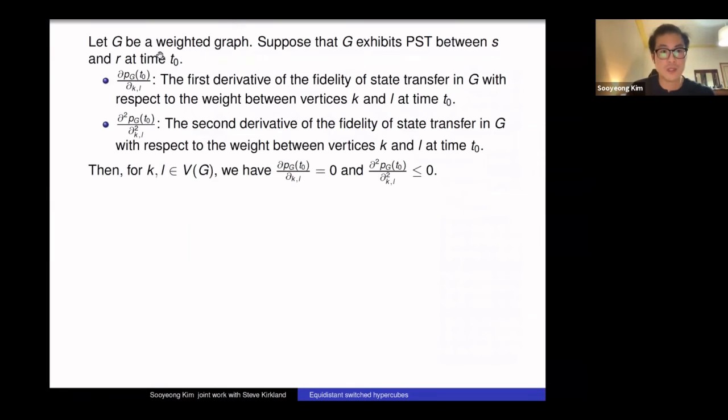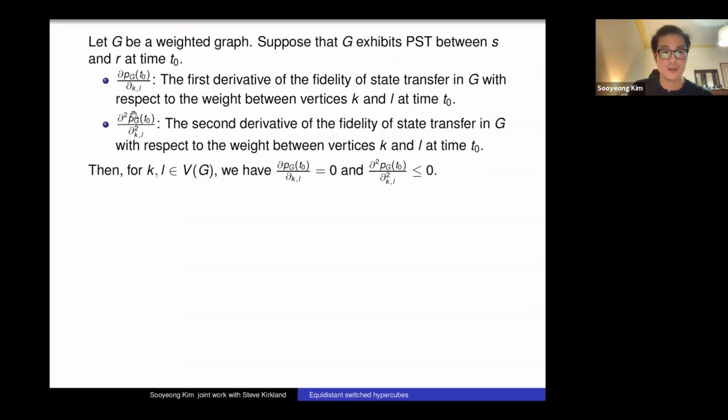Given a weighted graph G, suppose G exhibits PST between two vertices S and R at a particular time T naught. Then the derivative of the fidelity of state transfer between S and R with respect to the weight of the edge between K and L is denoted as this.